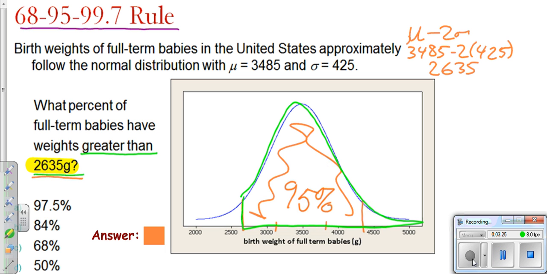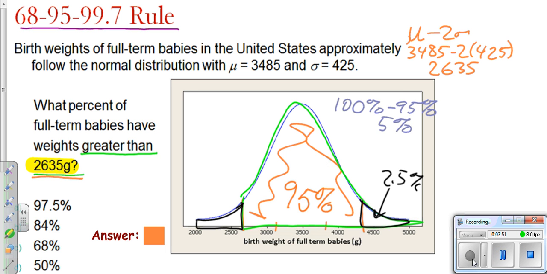So if you consider, we got to look at this tail here, we got to look at this tail here. We know everything adds up to 100%. So when you take your 100% minus that 95% in the center, that leaves us with 5%. We need to know what each black tail is. Well, they both add up to 5%, so that means each black tail is 2.5%.